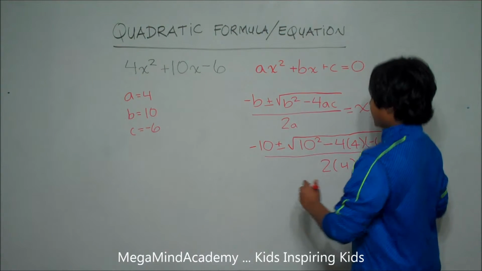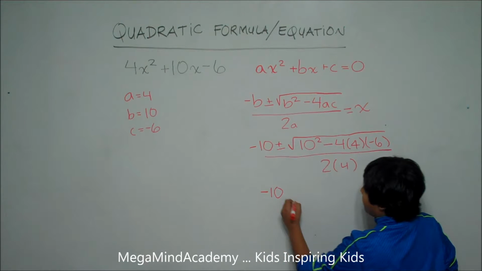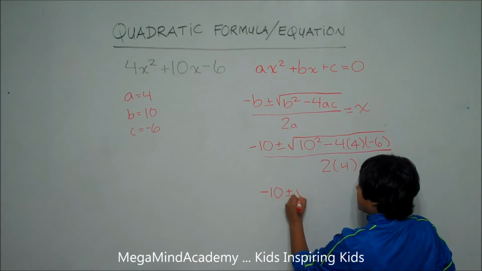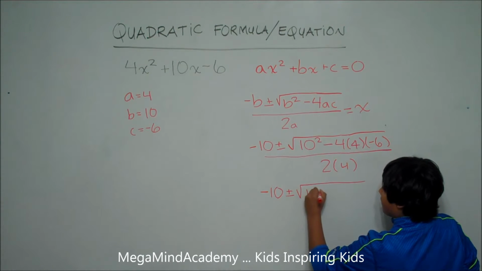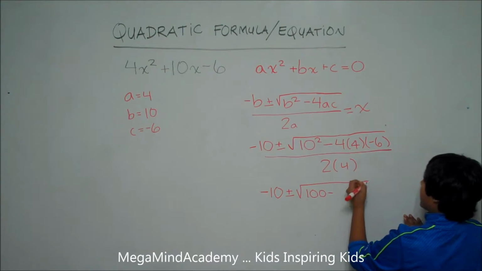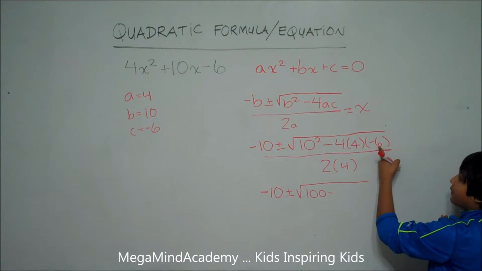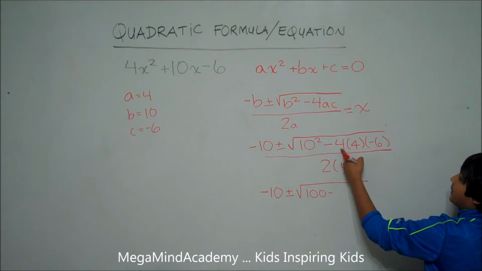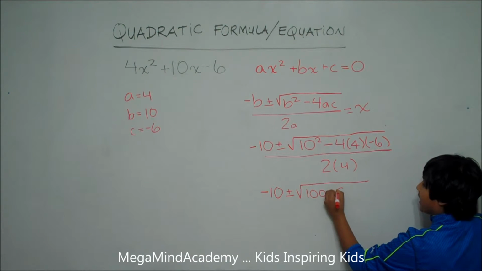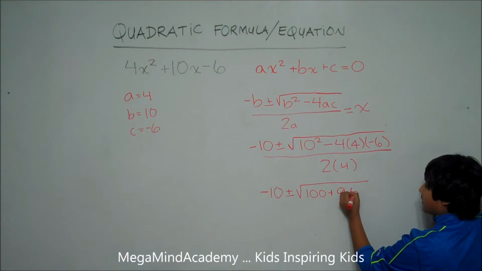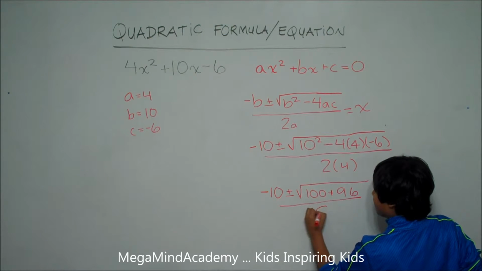So, it would be negative 10 plus or minus the square root of 10 squared, which is 100, minus 4 times negative 6. 4 times negative 6 is equal to negative 24, and negative 24 times negative 4 is 96, so it'll be plus 96, over 2 times 4, which is 8.